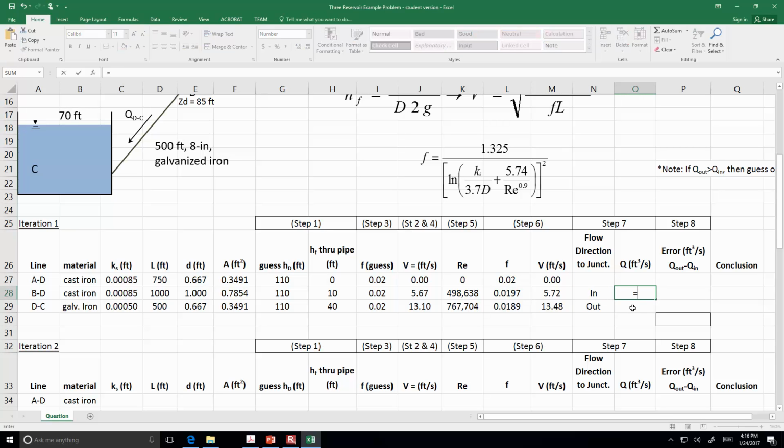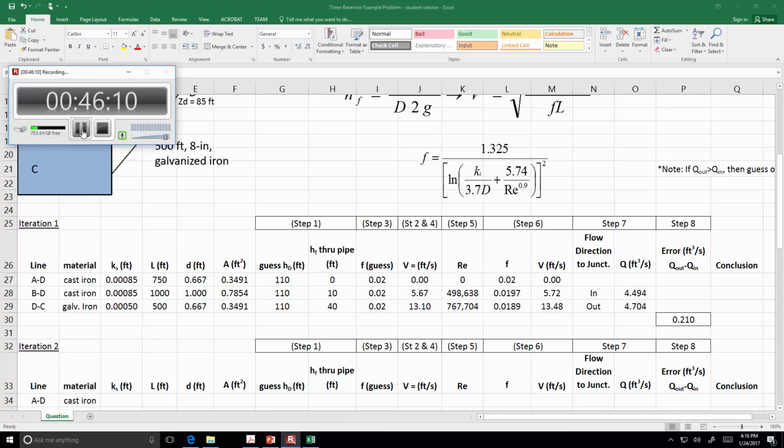Okay, so this flow rate we're going to get just from the velocity times the area. All right. And then here in the field for error, let's calculate the outflow minus the inflow. Okay, I'm going to pause the recording so I can circulate around and see how your calculations are going.